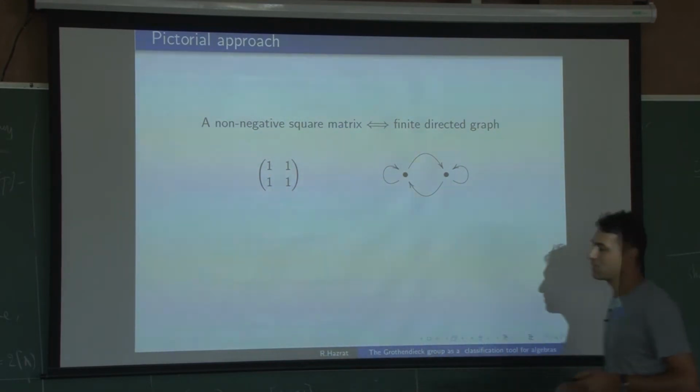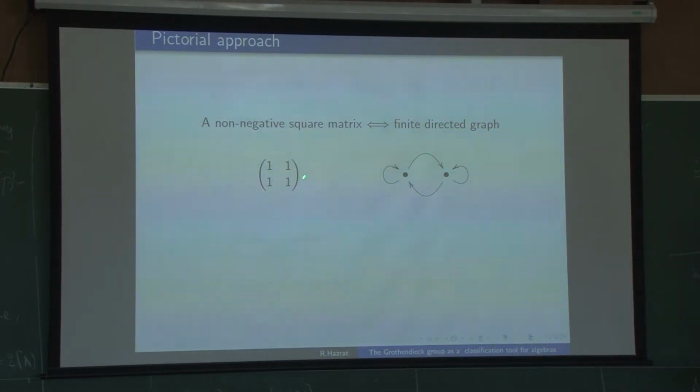In fact, if I give you a matrix which has all positive entries, you can always translate it into a graph. And if you have a graph, you can always translate it into a matrix. So these two really have the same information, the matrices with positive entries and the graph. So if I give you this, do you know what sort of graph represents that?